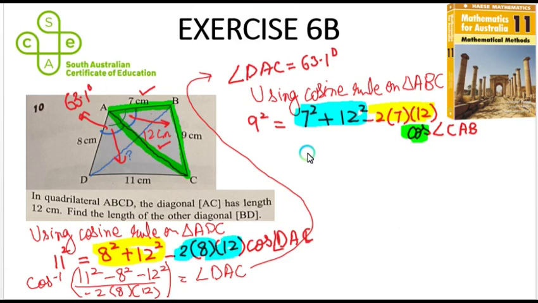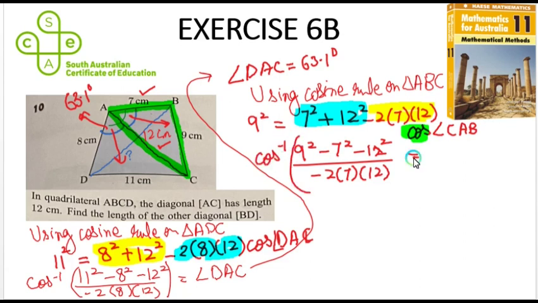So I'm writing here 9 square, after shifting 7 square and 12 square it becomes this, and then this whole thing as well, it will divide, minus 2 times 7 into 12, and we're left with cos of this angle. And when you take cos inverse of this whole thing, we are left with only the angle, which is CAB.